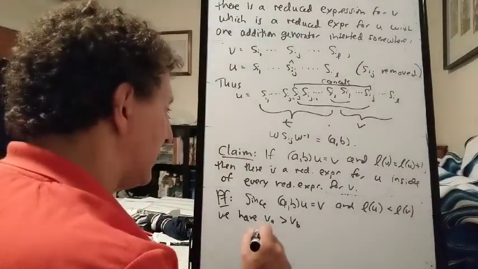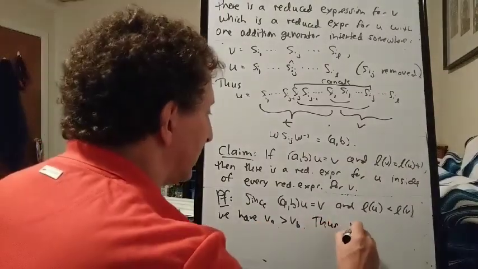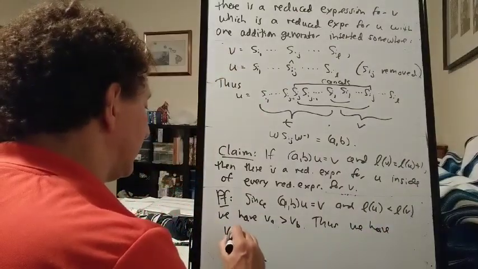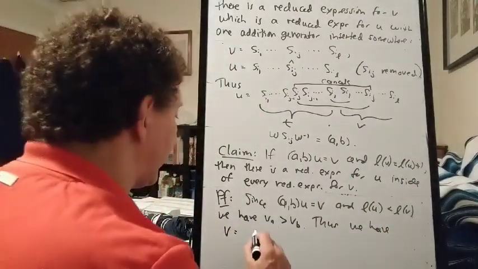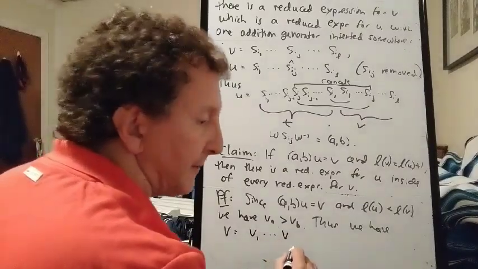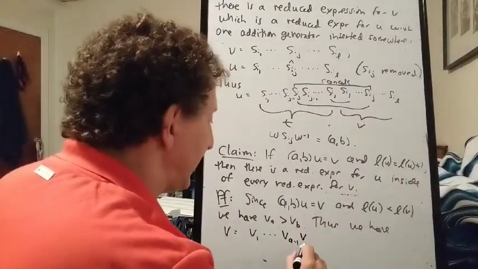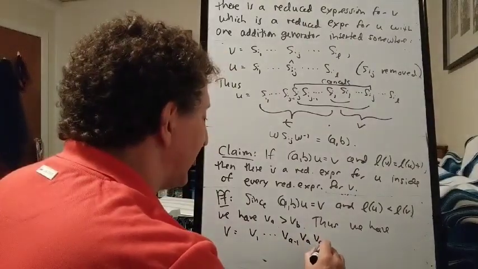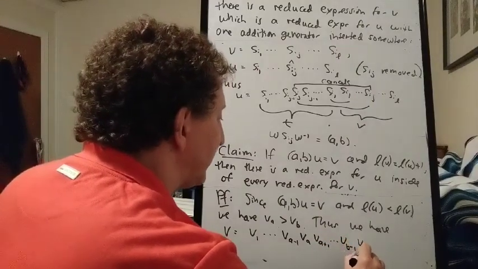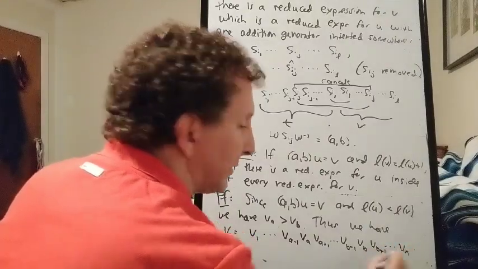So V looks like something like V1 through VA minus 1, VA, VA plus 1 through VB minus 1, VB, VB plus 1 through VN.